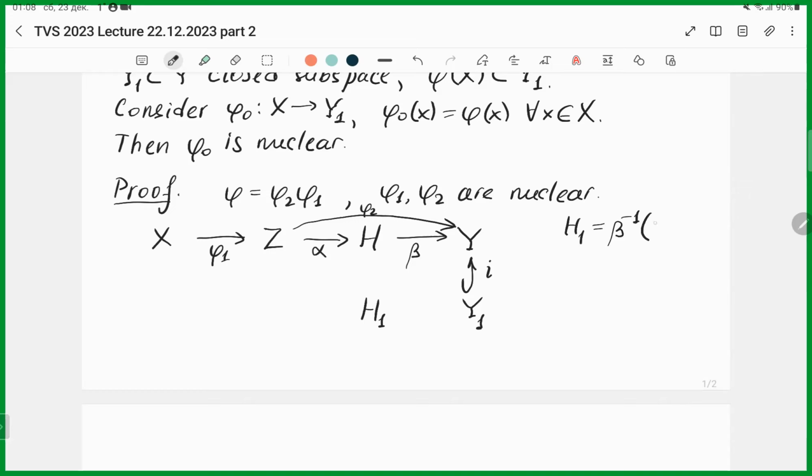This is a closed subspace of H. So we have the inclusion map here, denoted by J. And let's denote by beta 1 the restriction of beta to H1.